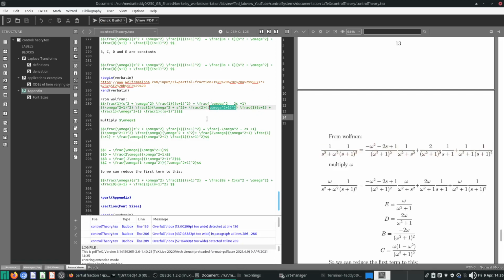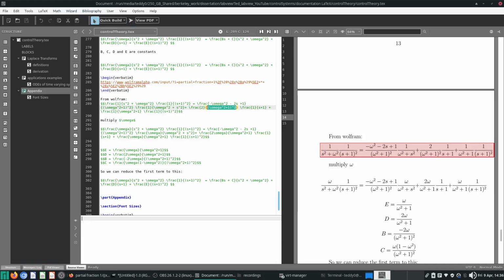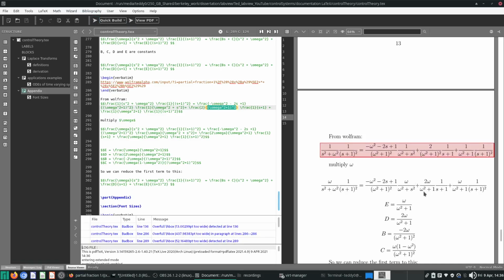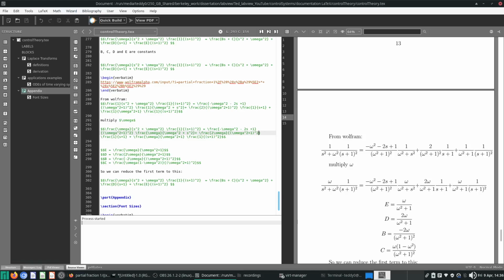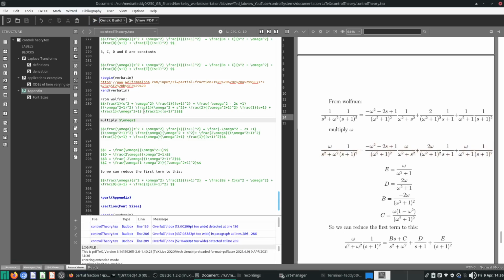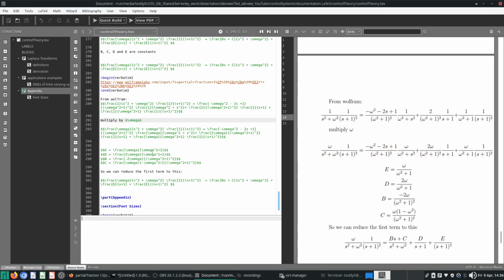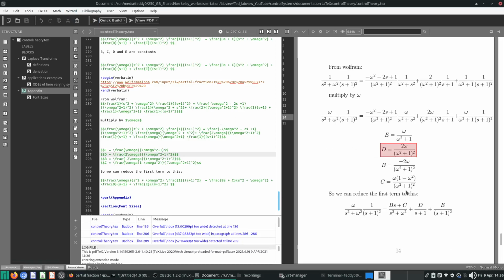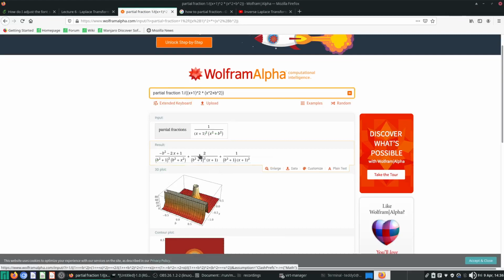Let's compile this and multiply by omega, and put omega here, and lastly we'll need to change what D is. Okay, I think now we're on the right track. So that's more or less what it's supposed to be.